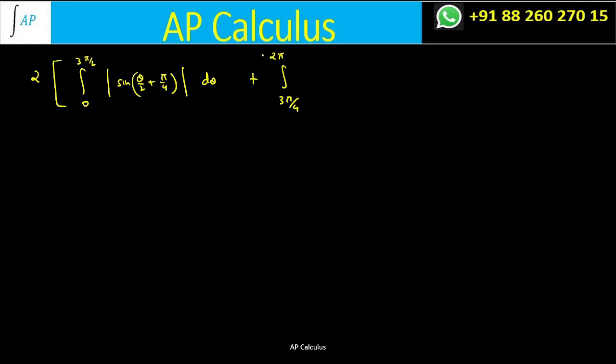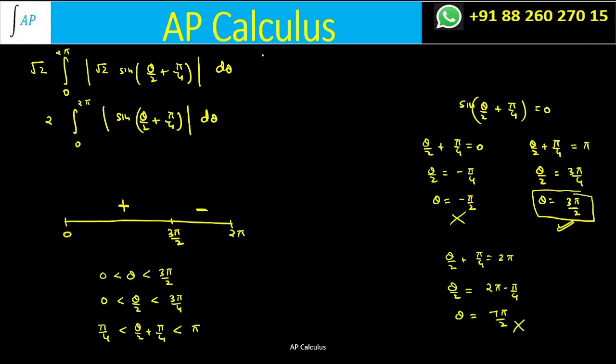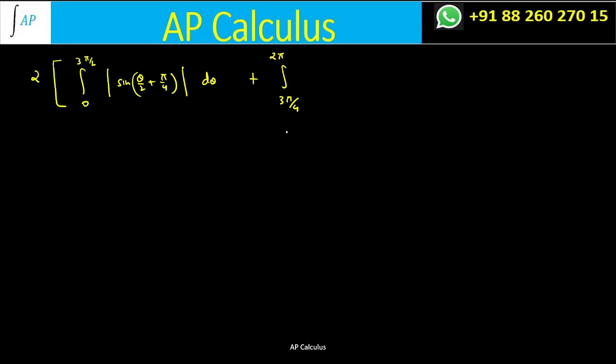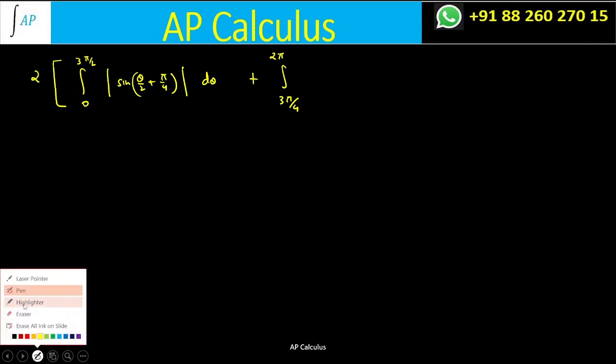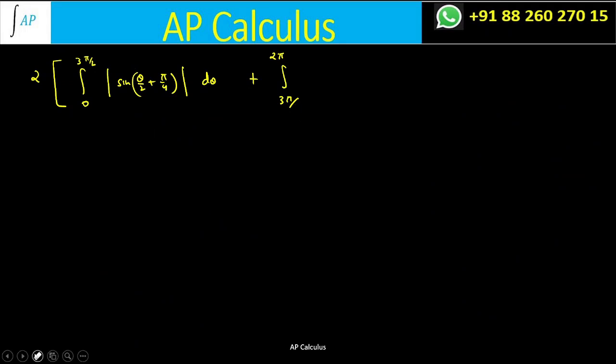Oh sorry, 3 pi by 2 it is. 3 pi by 2 to 2 pi, and this is again modulus of sine of theta by 2 plus pi by 4.